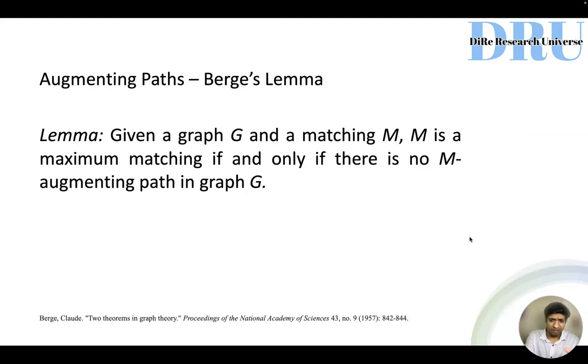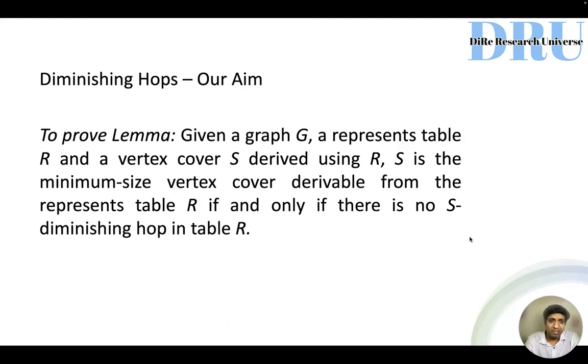On more formal terms, the Blossom algorithm relies heavily on Berge's lemma, which is to say that given a graph G and a matching M, M is the maximum matching if and only if there is no M augmenting path in graph G. Analogously, our aim is to prove the following lemma.